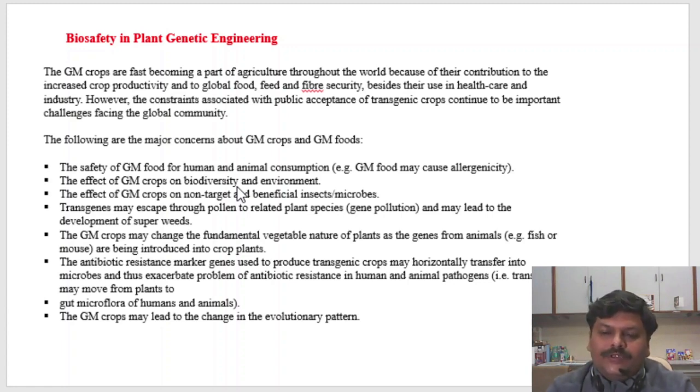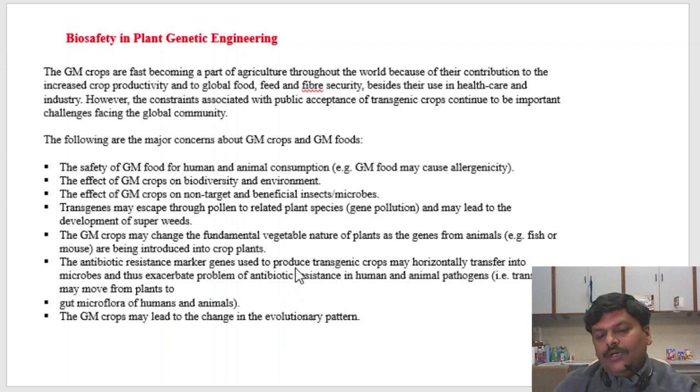Also, it needs to be tested whether the pollen of transgenic crops can fertilize other crops or other plants. It is not desirable if it happens. And then if it is a food crop, it needs to be tested for any undesirable effect on animals or on humans, or if there is any allergic or other undesirable effect, tests need to be done in a controlled way before it can be released for general use.